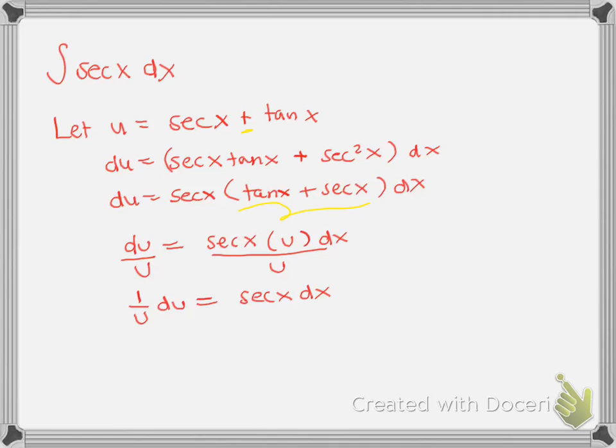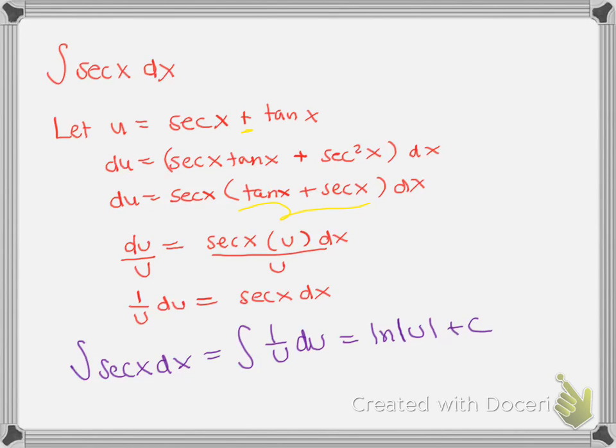Okay. And so we can replace. So we have secant x dx is now just the integral of 1 over u du, which is the natural log of the absolute value of u, plus c, which is the natural log of the absolute value of secant x plus tangent x plus c.